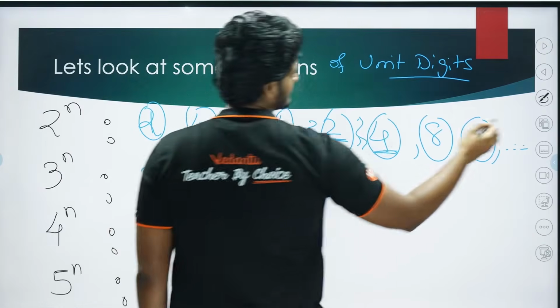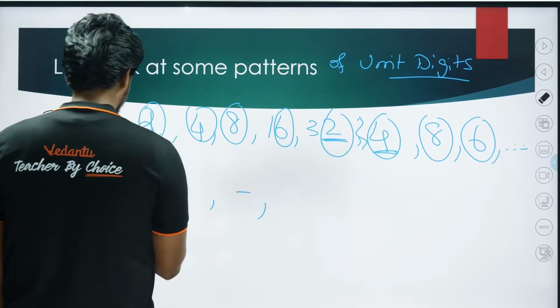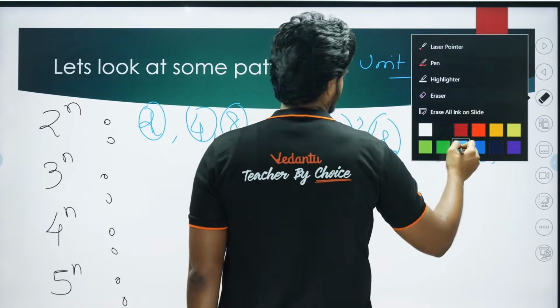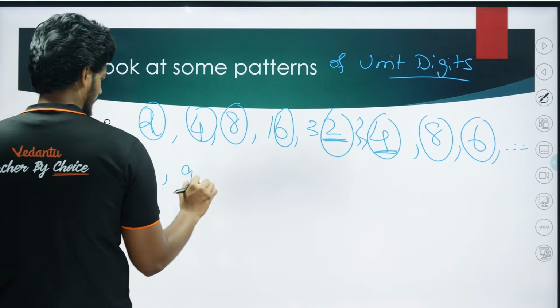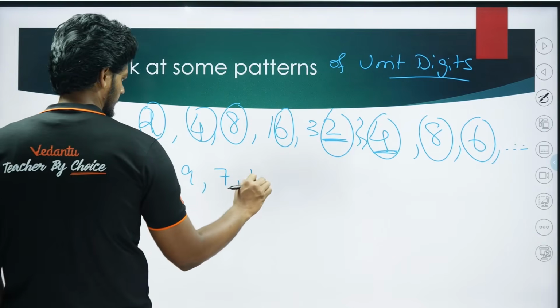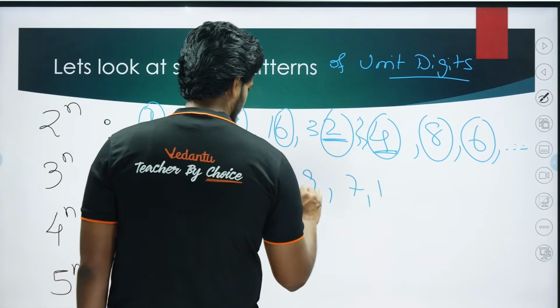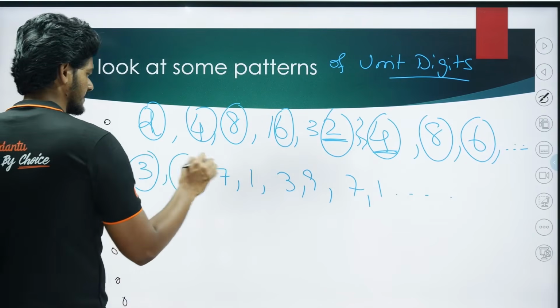So let me just write it a bit above so that I'll have space for the numbers at the bottom. It is 3, 9, 7, 1, 3, 9, 7, 1, and so on. Right? This pattern is going to repeat.